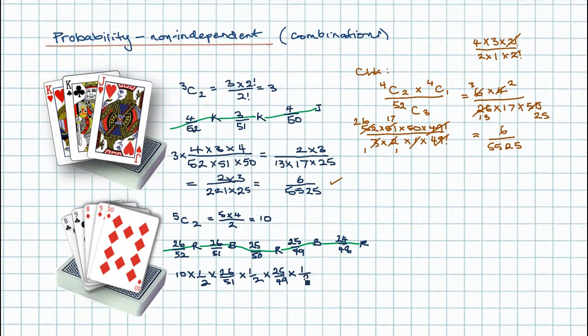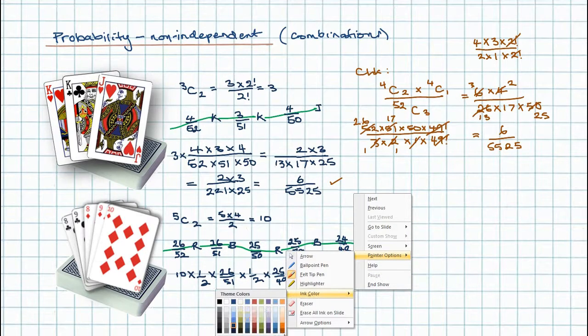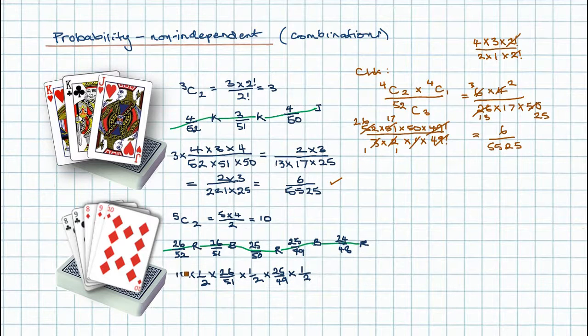And now we can do some cancellation. So we can simply take this 10 and this 2. Let's use a different colour so we can see it very clearly. This is the fun bit. 10 and the 2, so divide by 2 and we've got 1, divide 10 by 2 and we've got 5. What else can we do?